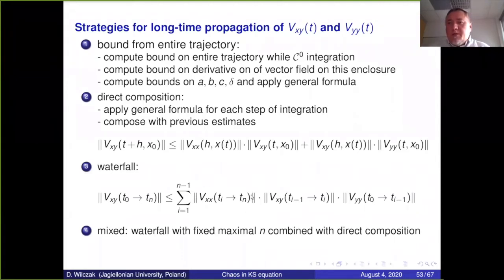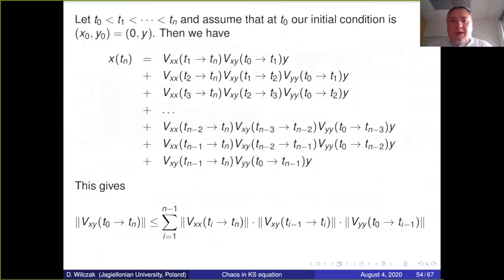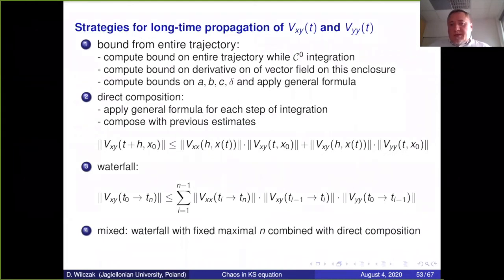Here we allow the dynamics to work. So if we have rotation, we allow the rotation for a long time, and then we compute a norm of this. And the last strategy is the mixed strategy, because the waterfall is costly. So we can specify the maximal length of the waterfall, say in practice 500, 1000, something like this. And we do a mixed strategy, direct composition and this waterfall.